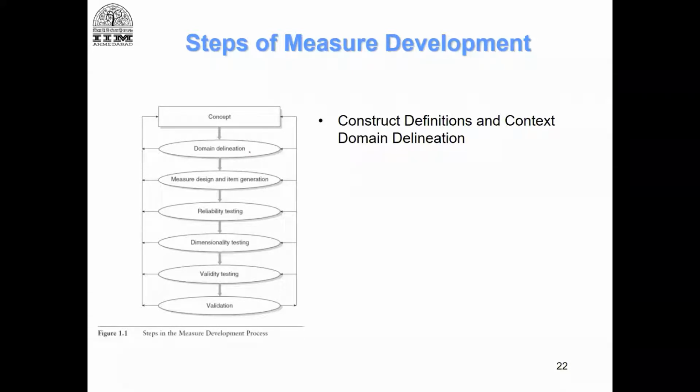right? Second is domain delineation, measure design and generate items, reliability testing, dimensionality testing, validity testing, and validation. So the first thing that we have to do is define our construct, define how abstract or how contextual our construct is going to be, and define the domain of the construct.